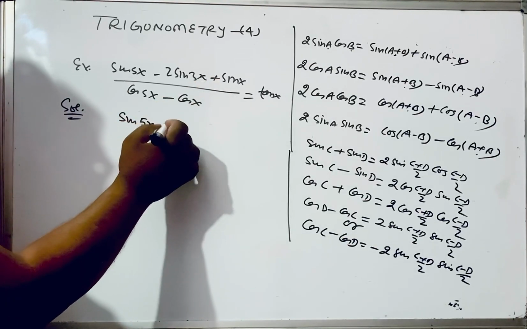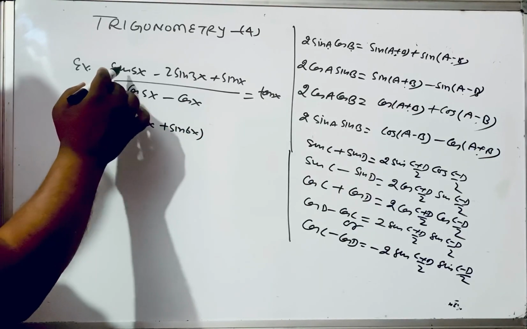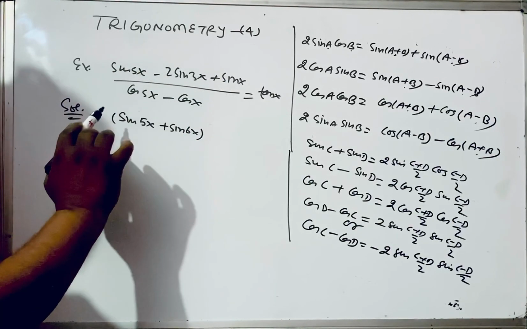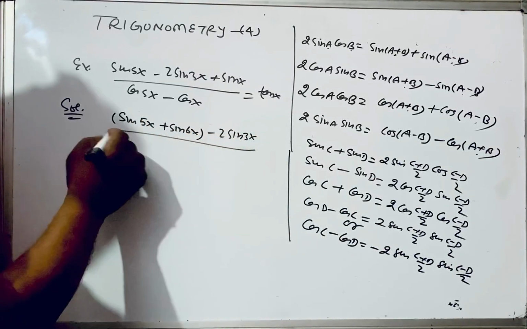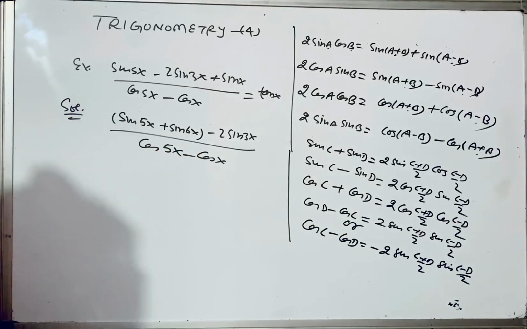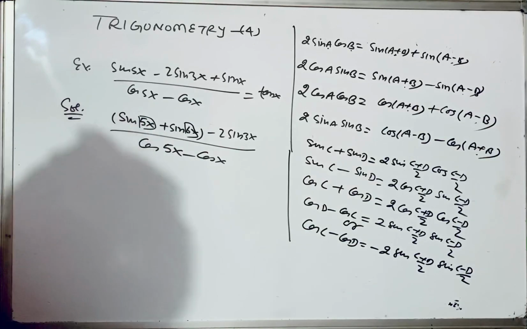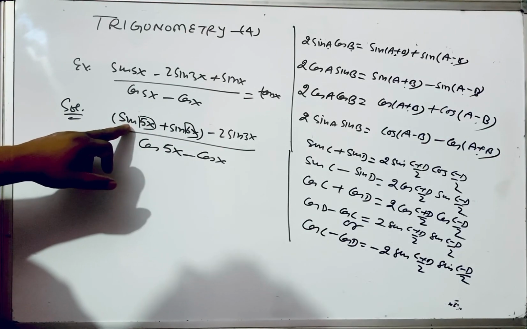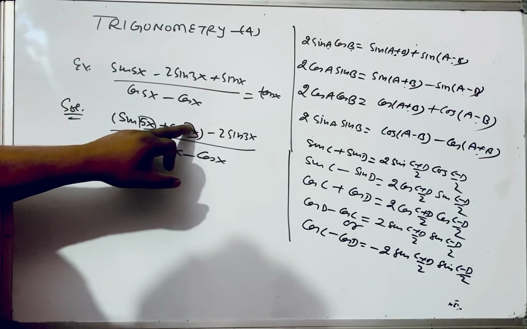Put sin 5x plus sin x in one group, minus 2 sin 3x, and this is cos 5x minus cos x. This is C and this is D. So this is sin 5x, this is sin x.